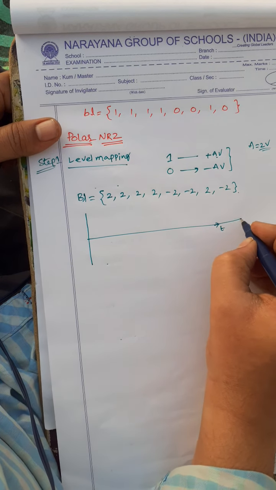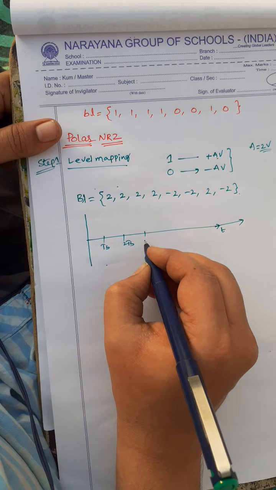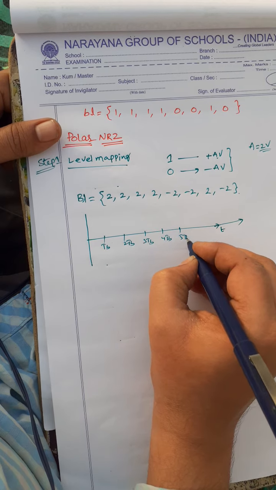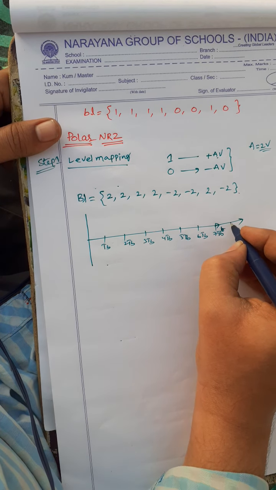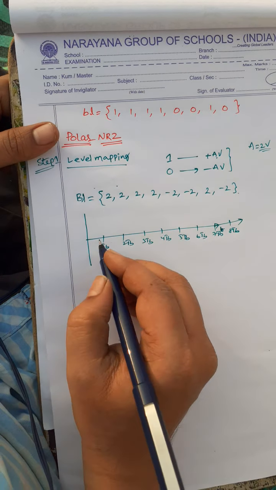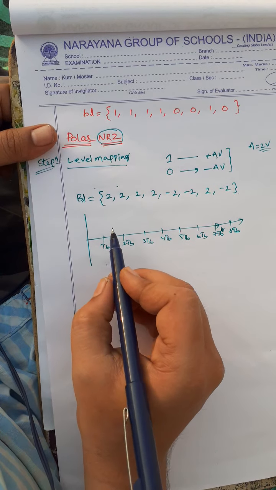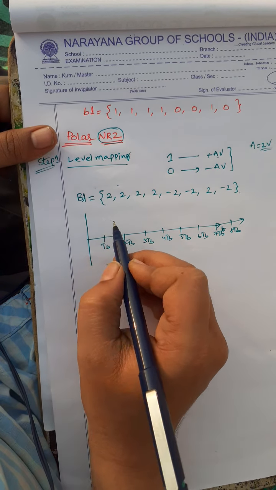Okay, right. Now I want to draw the graph. This is T, TB, 2 TB, 3 TB, 4 TB, 5 TB, 6 TB, 7 TB and 8 TB. So here the available pulse technique is NRZ. Within TB duration, the pulse does not return to 0.